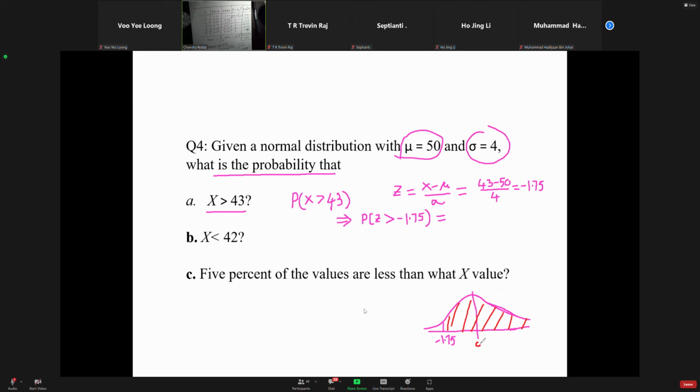Here the mean is 0. If you look into the probability tables, the area is 0.9599. So the probability of Z greater than negative 1.75 is 0.9599.